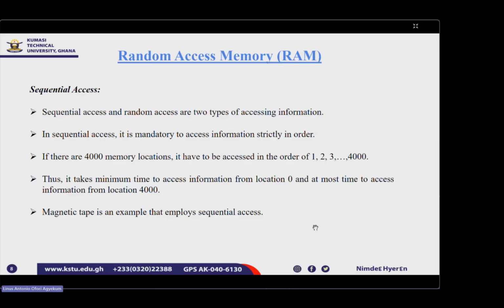What this means is that it will take minimum time to access location 0, and then it will take more time or maximum time to access location 4000. So for sequential access of RAMs, it disadvantages or it causes the RAM to be slow.